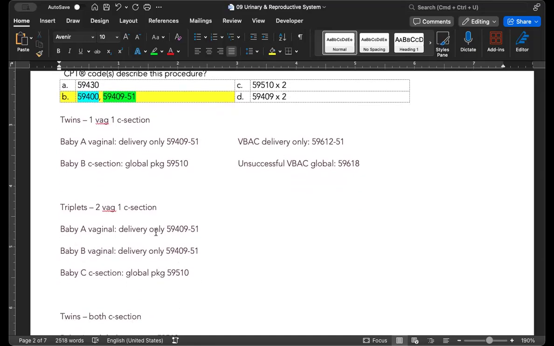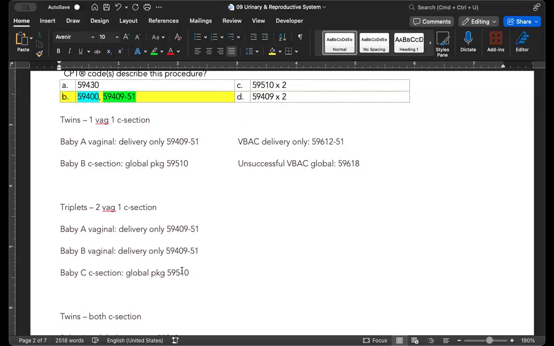Some insurance companies might try to say no, but you can fight it for sure. Most of them will go ahead and pay, if you have triplets, for 2 vaginal deliveries and a global C-section package. Just make sure you have as much support on your claim as possible with your multiple gestations.